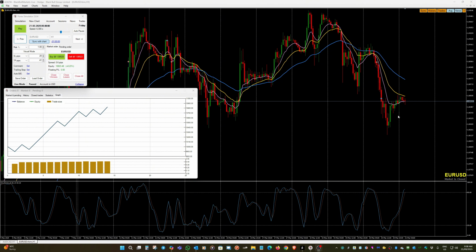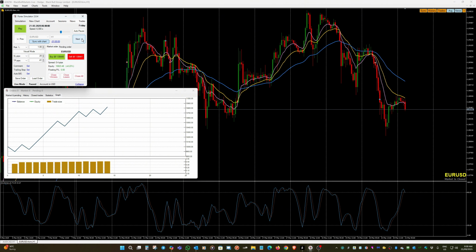We have a pullback to the moving averages, and it looks like it's going to bounce here from the 9 and the 20 moving average to go short. The stochastic is in the overbought position, so we're looking for a sell trade. So this would be our setup here.